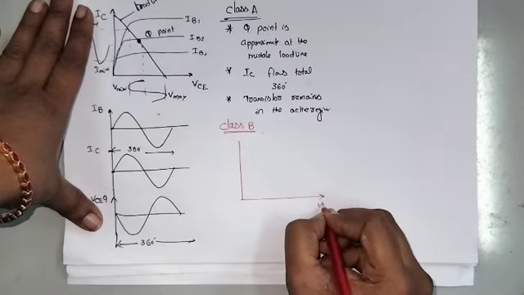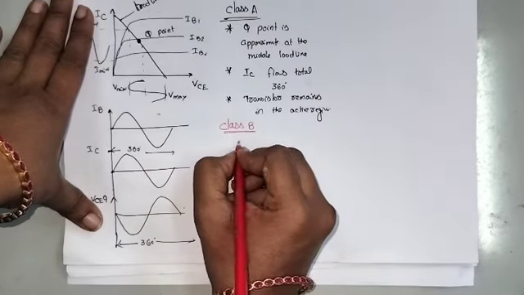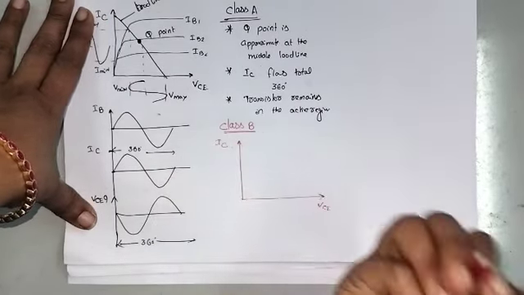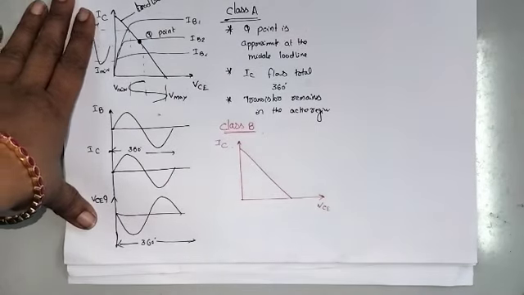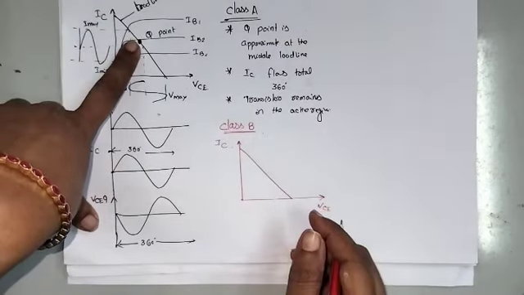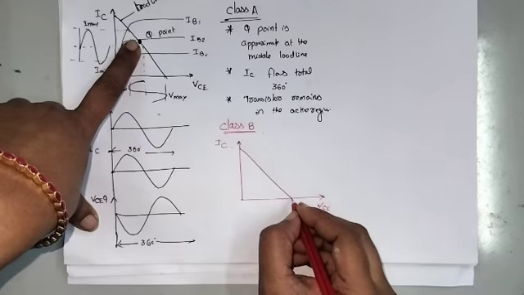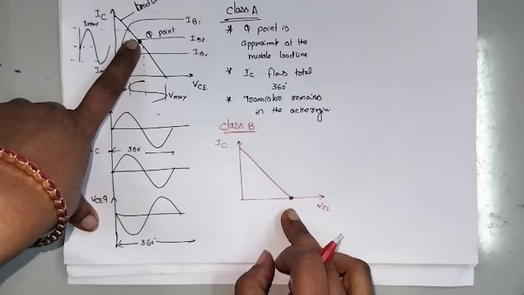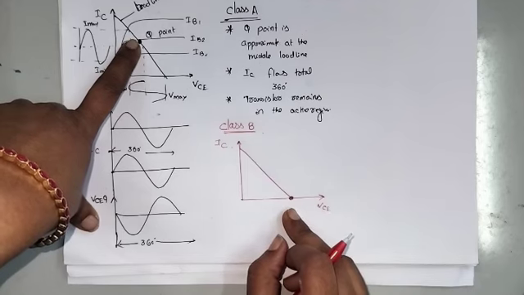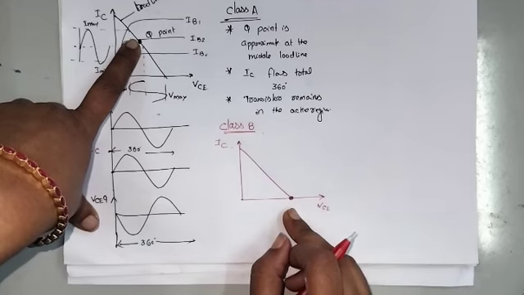Now the same output characteristics, VCE and IC, with the load line. If the Q point is shifted to the x-axis, that power amplifier is called a class B power amplifier.